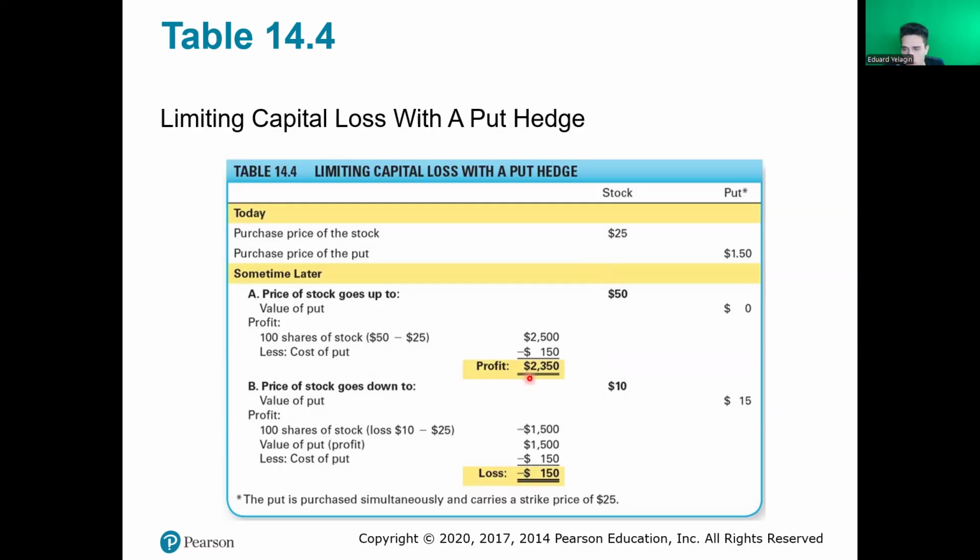In the situation where we don't buy the put option, we would have $2,500. The alternative scenario, however, is that the stock price decreases to $10, and then we will not lose that much. Why? Because we bought the put option to sell the stock for $25.